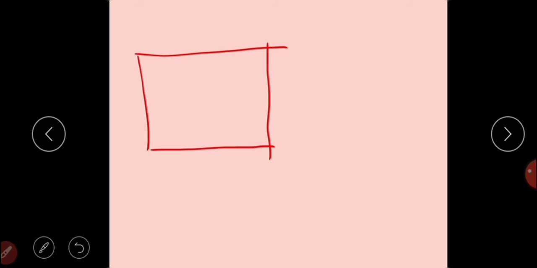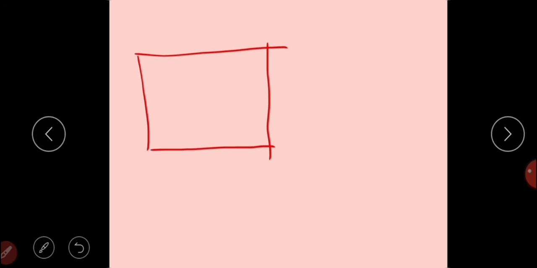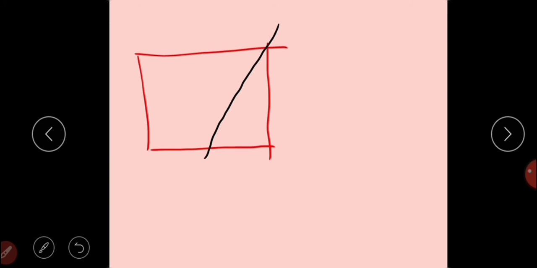And somebody just cut this rectangle shape so that it is going to be a right angle triangle in the corner. So you see here there was a rectangle shape, and this rectangle shape was cut so that from the corner a small right angle triangle was cut.